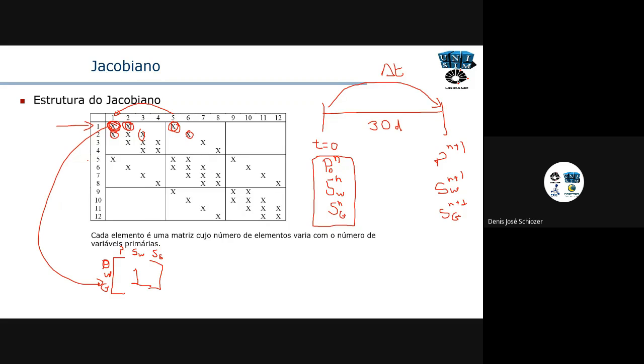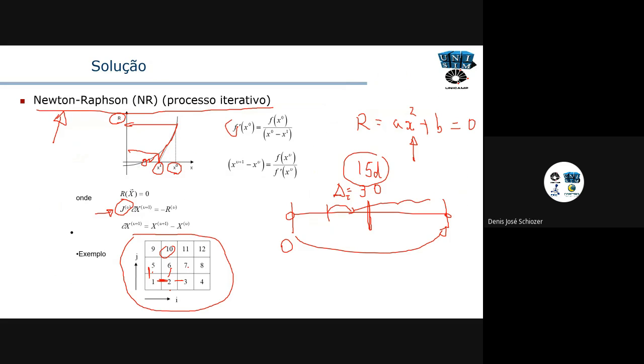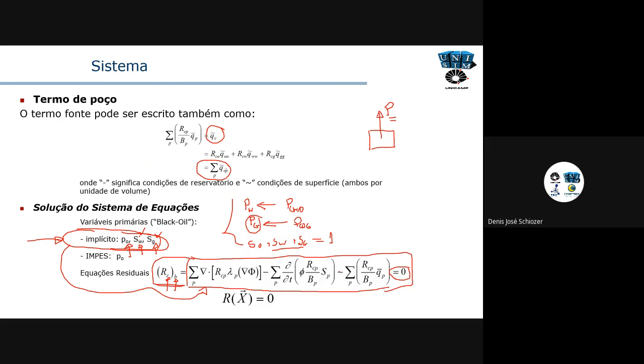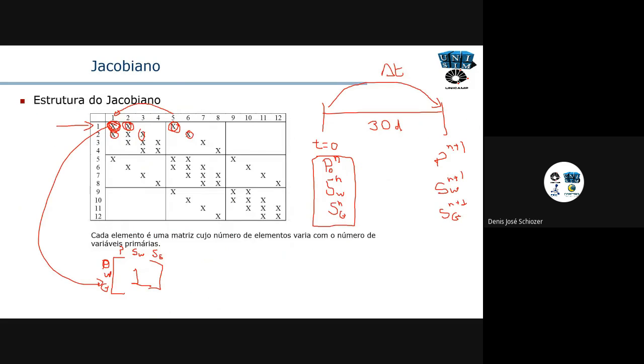So when I do this equation, I know the pressure and saturations at time 0, and I want to find the pressure and saturations at the new time that satisfy this equation, that put this equation to 0, okay? So I'm trying to solve the pressure and saturation here.